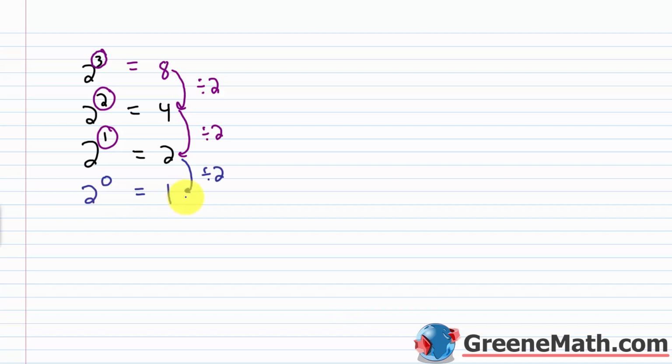As we continue to move down, now we would have 2 to the power of negative 1. If I decrease 0 by 1, I get negative 1. So what am I going to do? I'm just going to divide 1 by 2, which gives me 1 divided by 2. You could write that as 1/2. Now as I keep going, you're going to see a pattern emerge. 2 to the power of negative 2 would be 1/2 divided by 2.